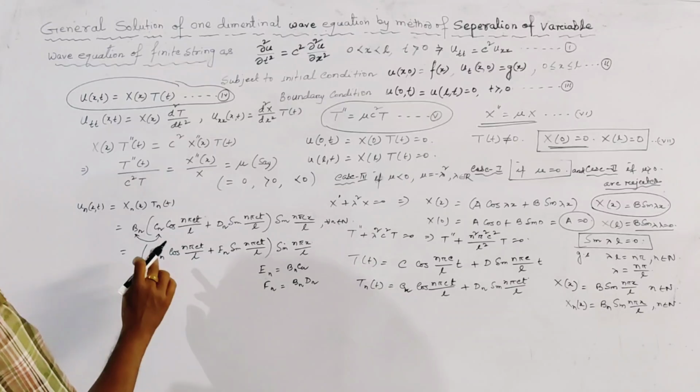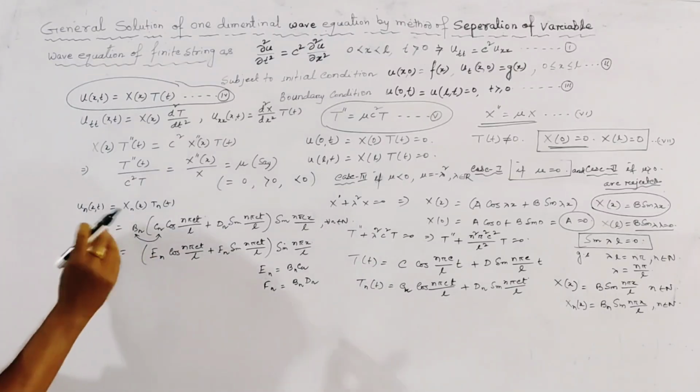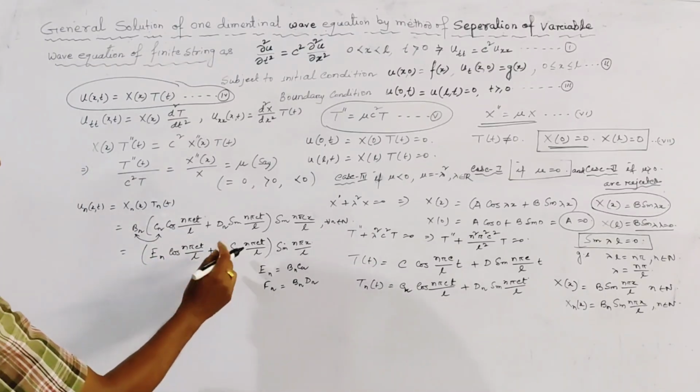We get two sequences of arbitrary constants, e_n and f_n.